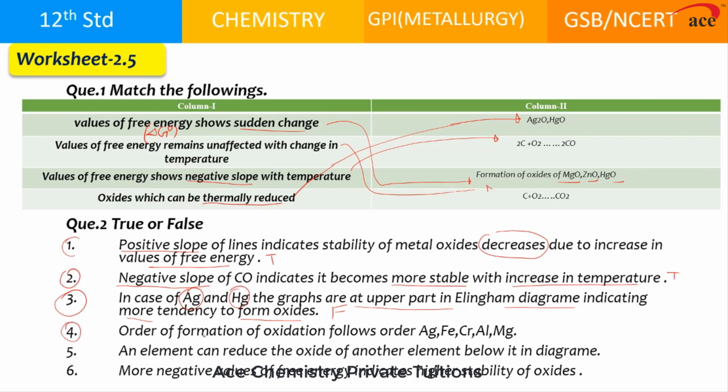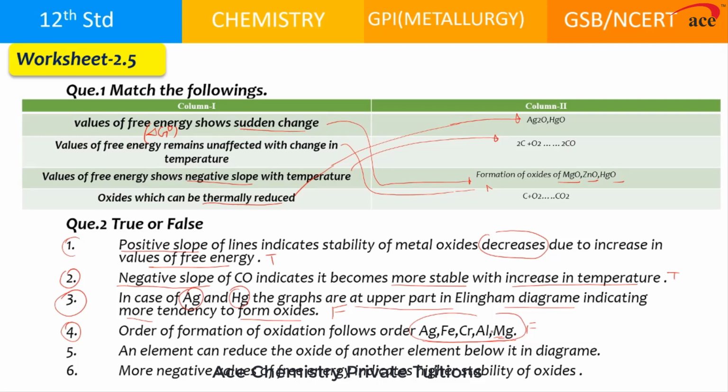Fourth, if you see, the order of formation of oxide follows this order. It is false because the order should be reversed. Why am I saying the order should be reversed? Because if you check for magnesium, the delta G naught value of magnesium is at the lower part of the y-axis.